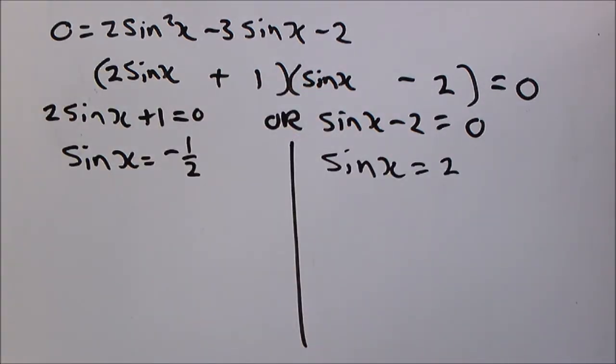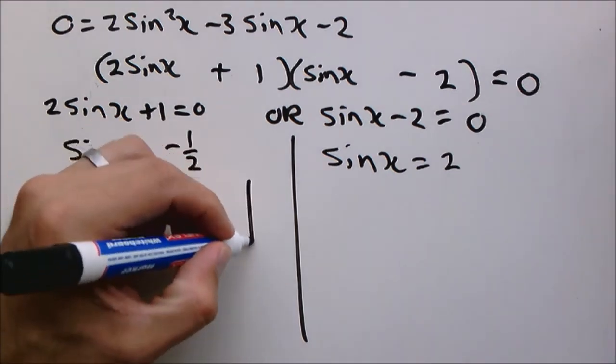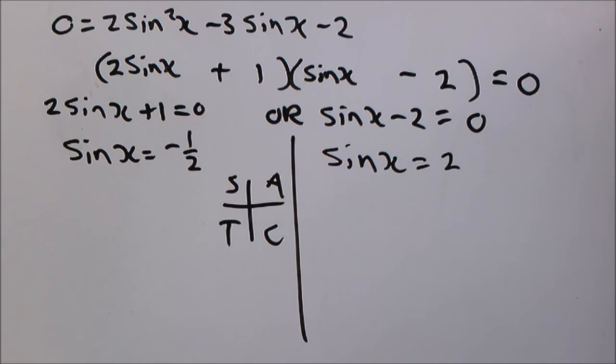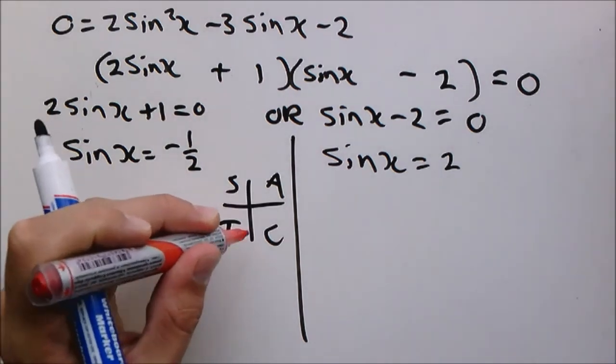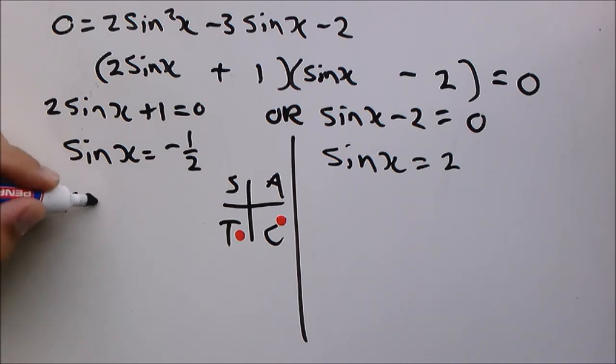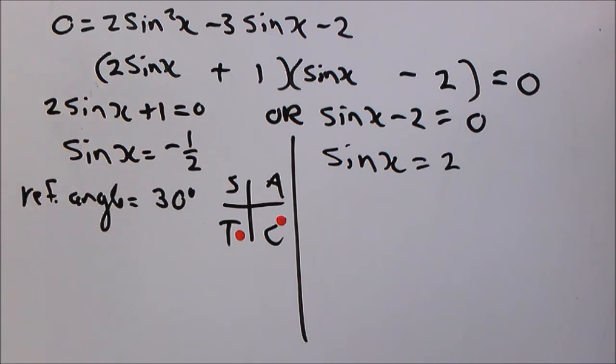So the left hand side, we have a negative. So in our CAST diagram, we know we are working in the third and fourth quadrants. And our reference angle, if you calculate it, you will see it's 30 degrees. So our two expressions.